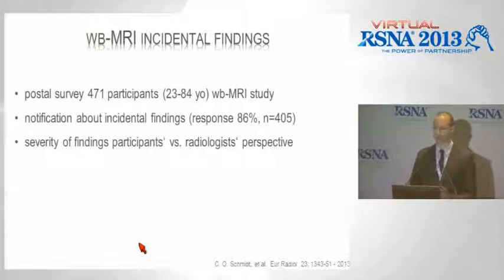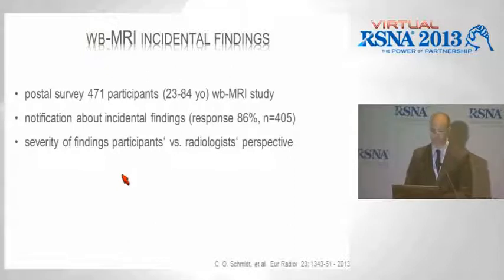Another factor might be the psychological effect that finding all these things in patients has. In this study, roughly 500 participants, a health study on the general population, knew that they could potentially receive a notification of incidental findings. They were also supposed to rate the severity of the findings, which was compared to the professional perspective.